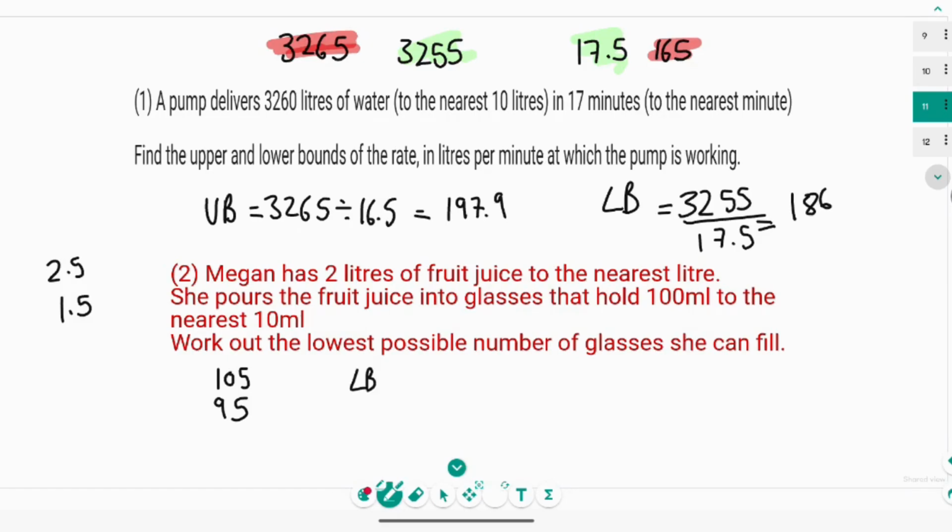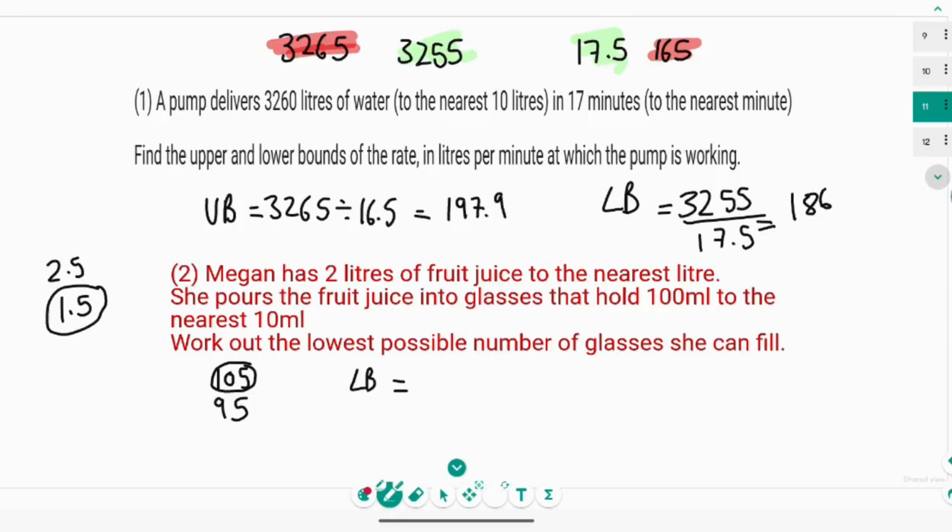So to get a lower bound, we need the, I've just noticed we have a units of measurement inconsistency here. So what we need to do is convert either both into millilitres or both into litres. I'm going to choose to go with millilitres.